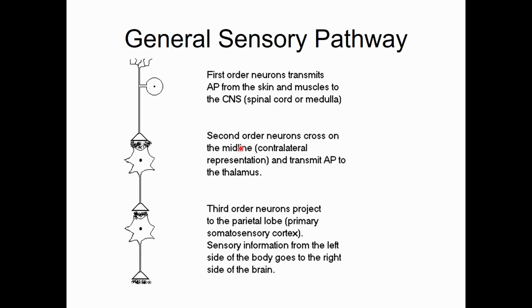In other words, sensory information from the left side of your body goes to your right brain. And those action potentials are transmitted to the thalamus, where there's another synapse. Then there's a third order neuron that arises from the synapse and goes to the parietal lobe, where we find the primary somatic sensory cortex, and that's going to tell us what we're sensing.